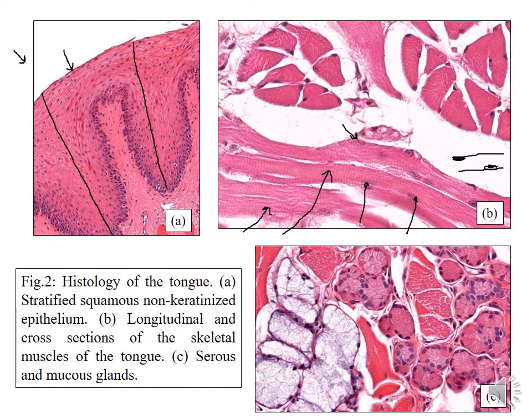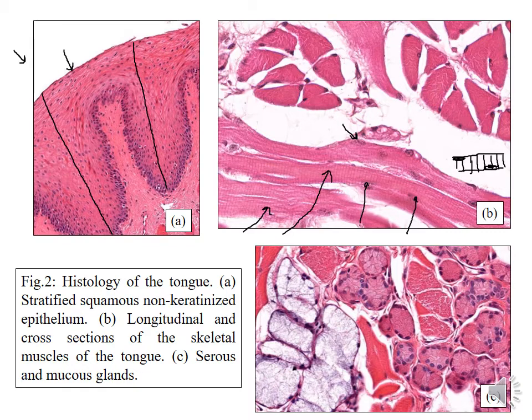And the most important feature is that in the longitudinal section, the skeletal muscle fiber appears to be striated with alternating light and dark areas, as can be seen here in this image.